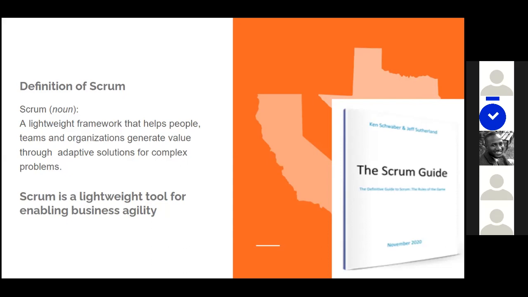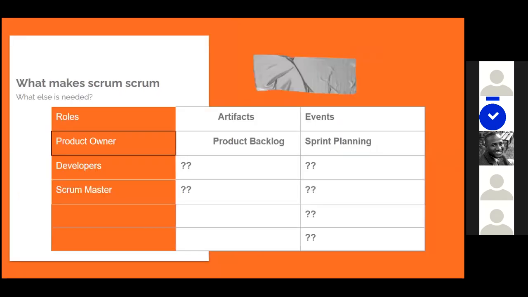They came up with a Scrum guide, which they always update, and the last update was in November last year. So this is what Scrum is all about. Scrum enables business agility. It helps people, teams, and organizations to generate value through adaptive solutions for complex problems.